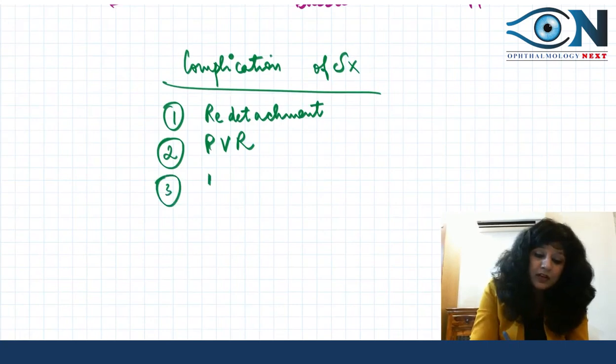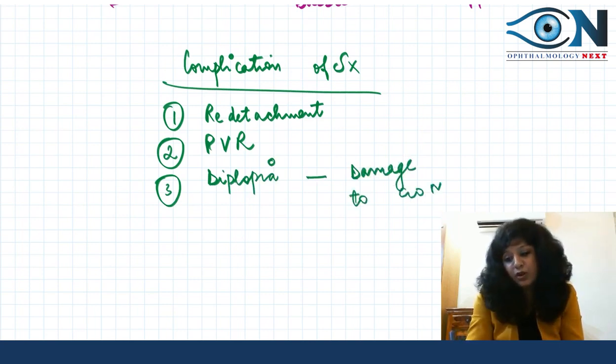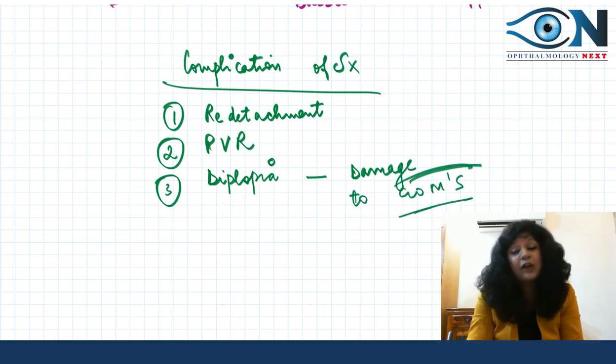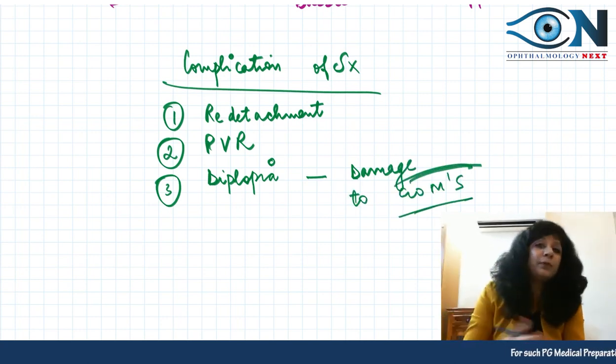Number 3, many times we suffer from diplopia. Why diplopia? Because when we are doing the surgery, there is damage to the extraocular muscles. So you have to be very, very careful while doing the surgery, so that we are not giving another problem to the patient.